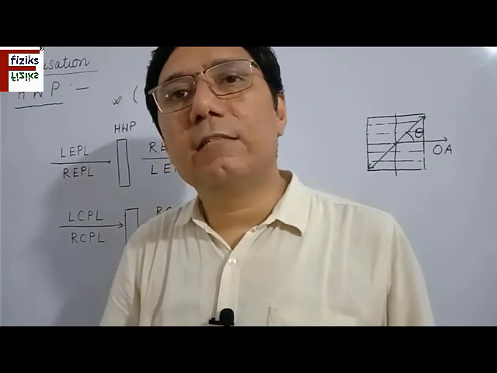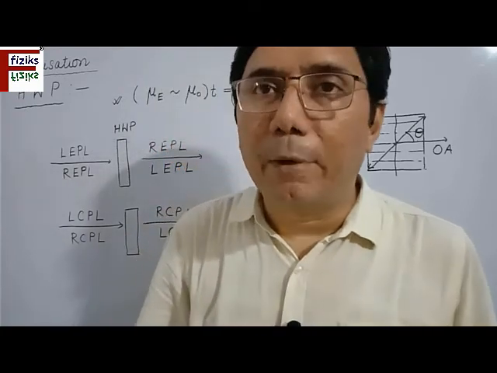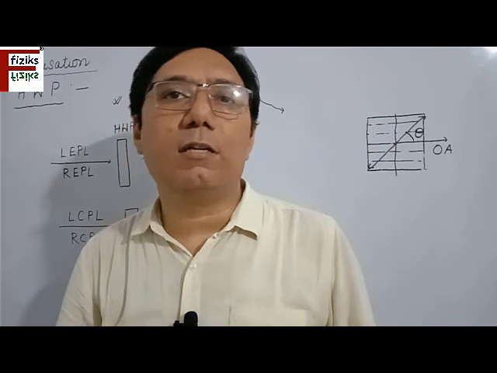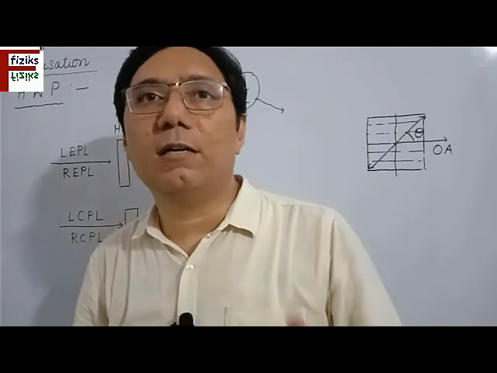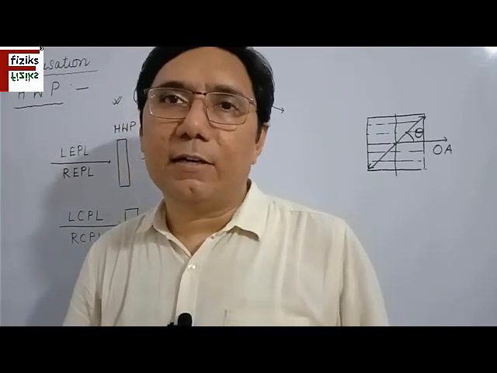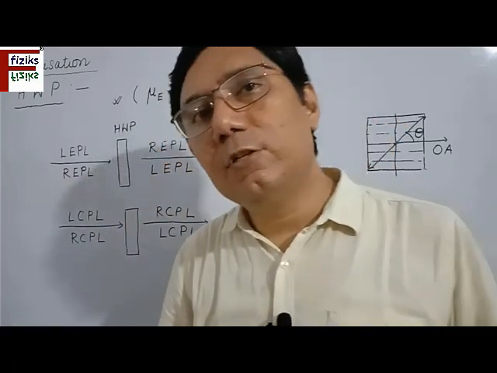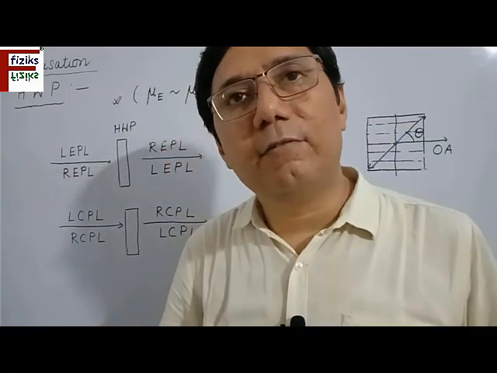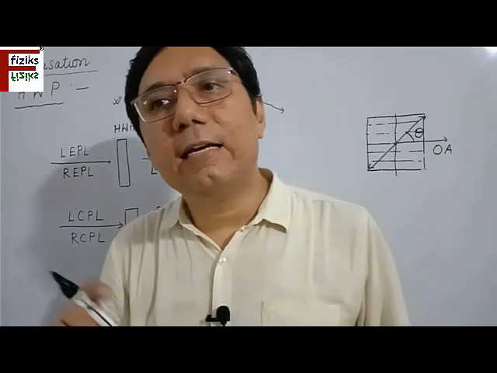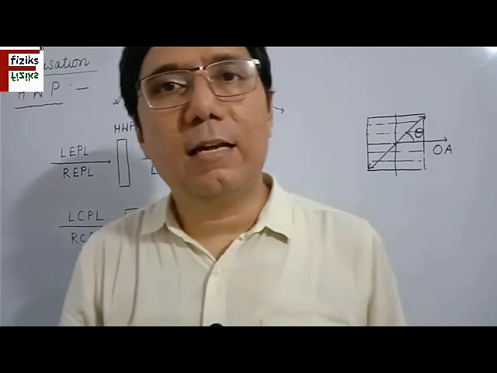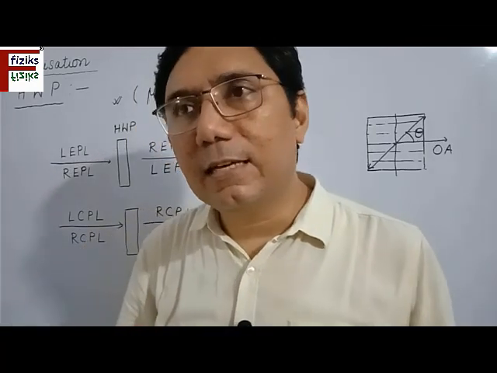In fourth case, when delta was equal to pi by 2, 3 pi by 2, 5 pi by 2, but theta was equal to 45 degree, we were getting circularly polarized light. After this, today I discussed 3 more cases when theta is 0 or theta is 45 degree, and in last when delta is not equal to 0, pi, pi by 2, 3 pi by 2, like this. You should remember all these cases.